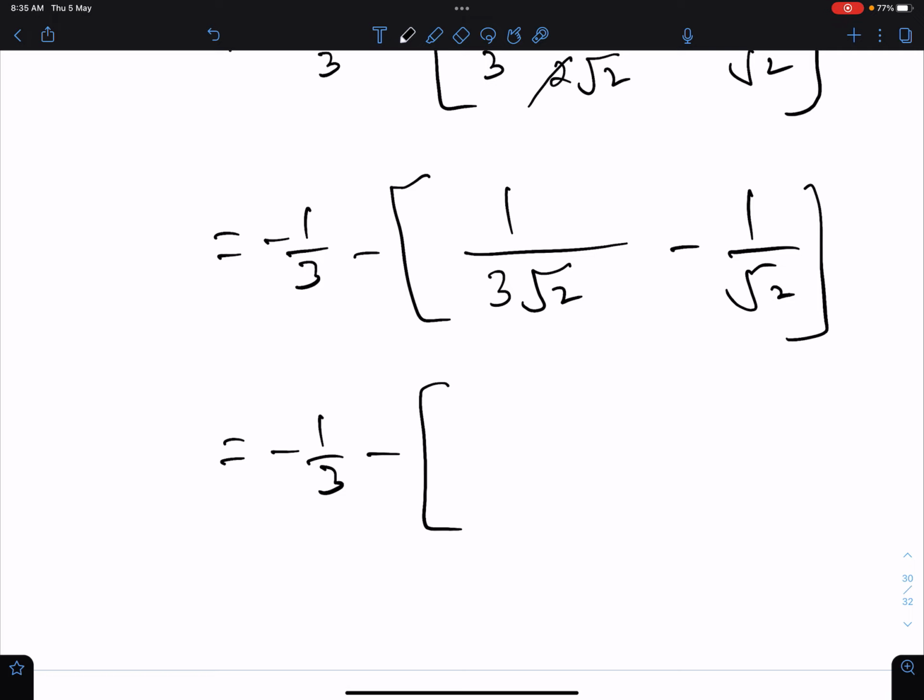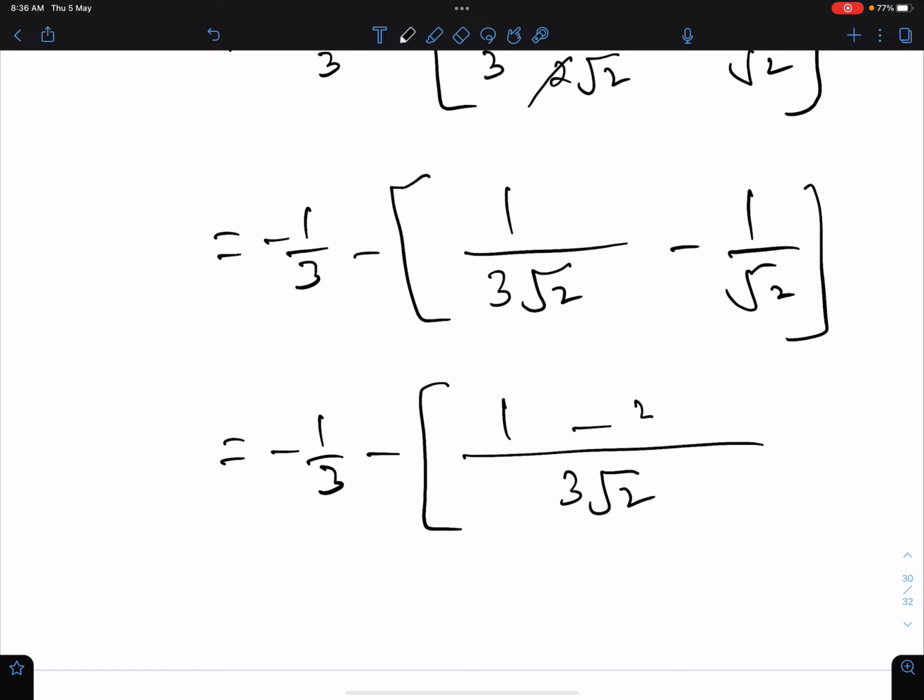Well, you can either rationalize this or you can use your calculator. I'm rationalizing this. I'm taking the LCM in fact. 3 root 2 is the LCM.